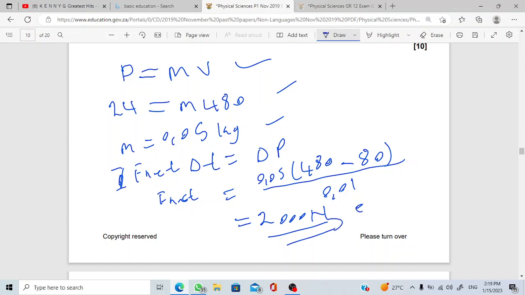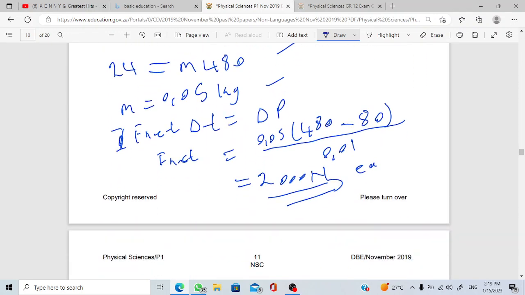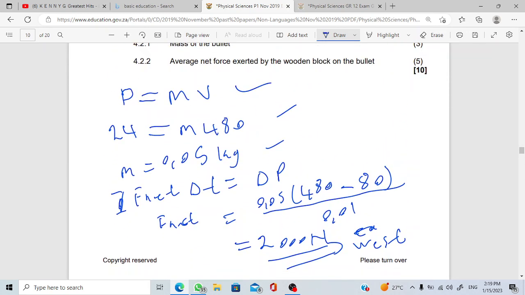So it is due east because the force, it's the force on what? On the bullet. So this one would be west if it is required for you to write the direction, okay? Because the wooden block exerts the force in that direction to slow down the bullet.